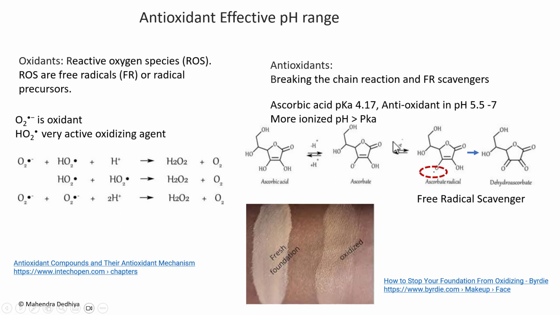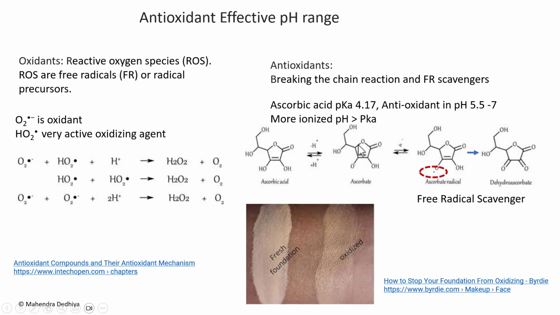The ionic species will capture the free radical and will form ascorbate free radical that will neutralize, rearrange itself to dehydroascorbate.